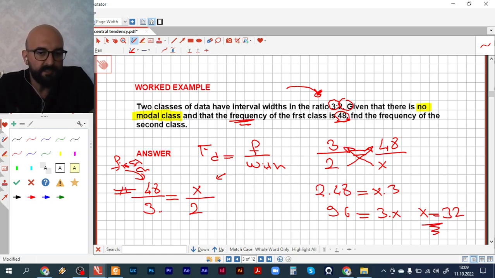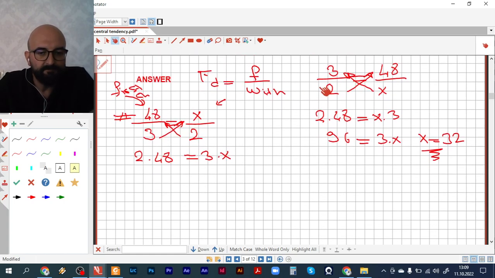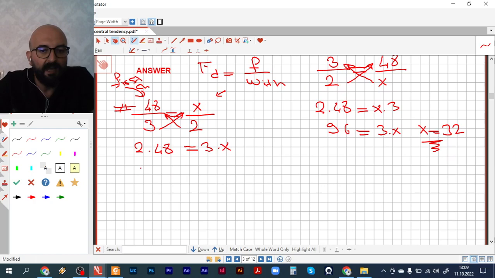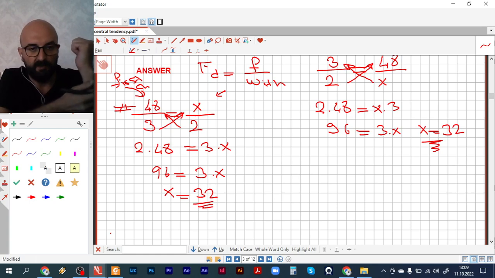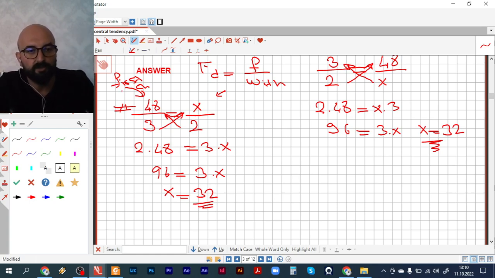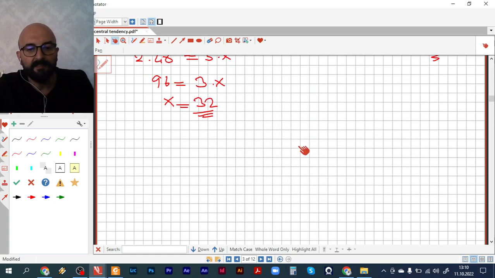The same process: 2 multiplied by 48 equals 3 multiplied by x, so 96 equals 3x, and x equals 32. The same value as in our first solution.